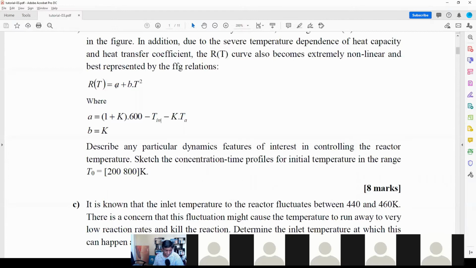I guess the units of this A, that's something we have to figure out. And of course, this is a kind of empirical relationship. So we need some kind of constant here to correct the units so that it's in units of R. But anyway, we've got T in that's varying in this range, which means our R of T will vary in that range as well.